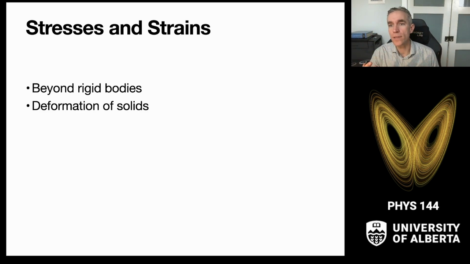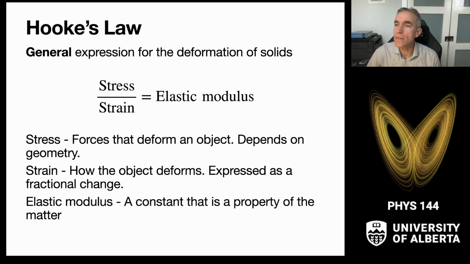But now we can actually start to describe what happens if those forces squeeze or twist or shear the objects. We approach all of these under the framework of something that's called Hooke's law. Hooke is named after the British scientist and describes the general relationship for the deformation of solids.